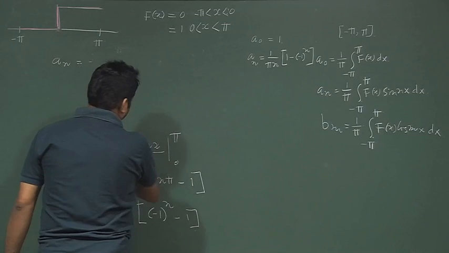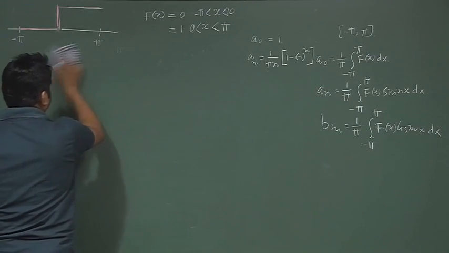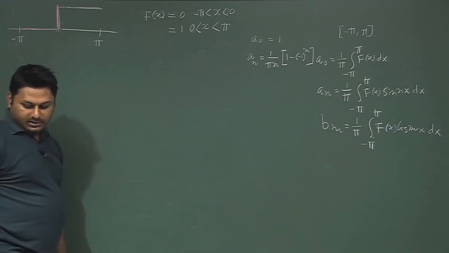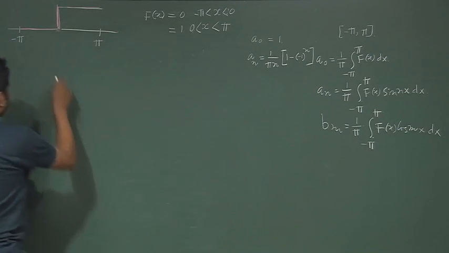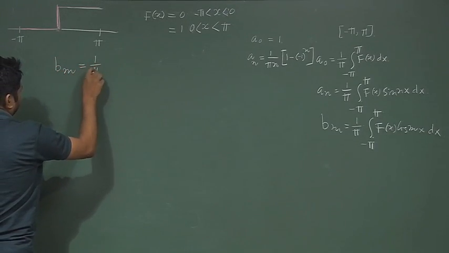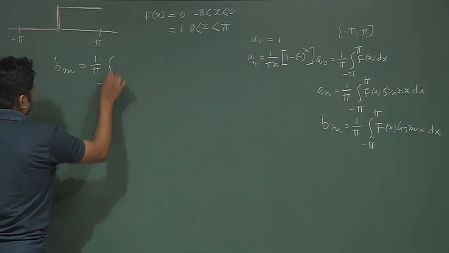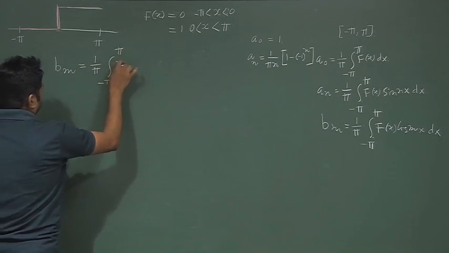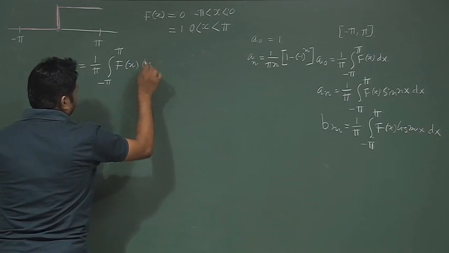Next, I need to write in a similar way. I need to figure out what my coefficient Bm is, and if I do, it will simply be something like minus pi to pi f(x) into cos of mx.